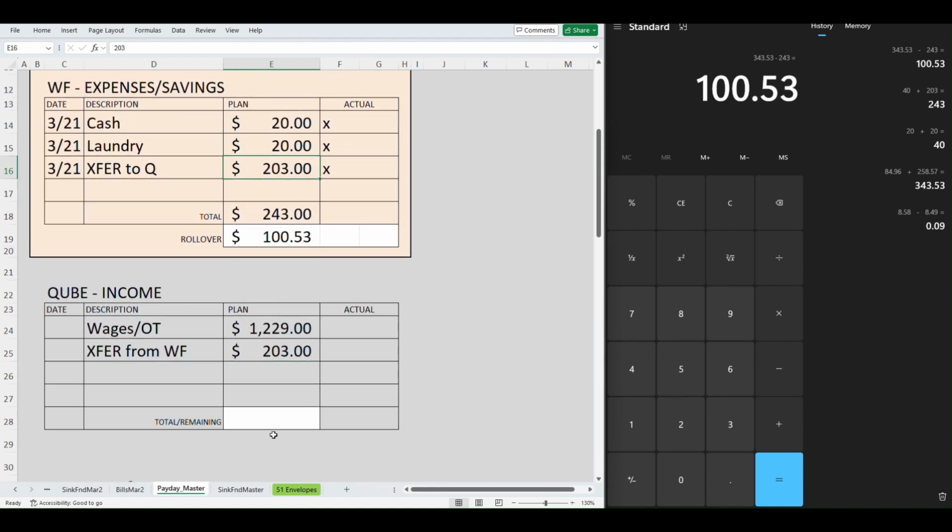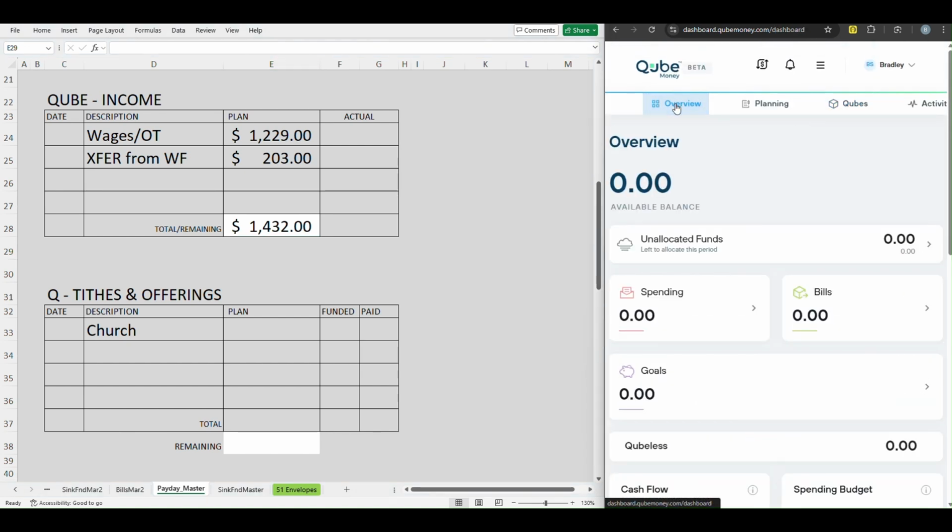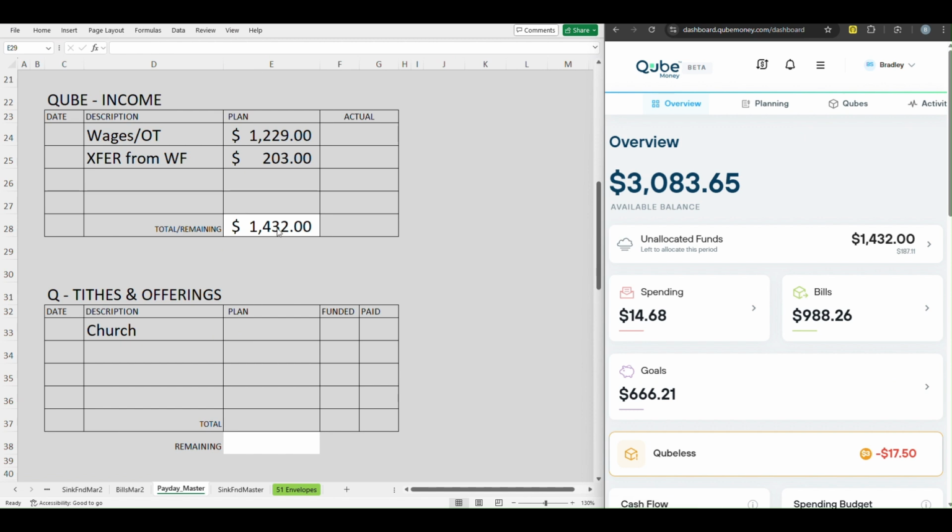So if you take 1229 and 203, it would be 1432. That's what I have to work with here. If you see in my overview, I have an unallocated funds amount of 1432, which matches the amount that I have in my cubes for income.